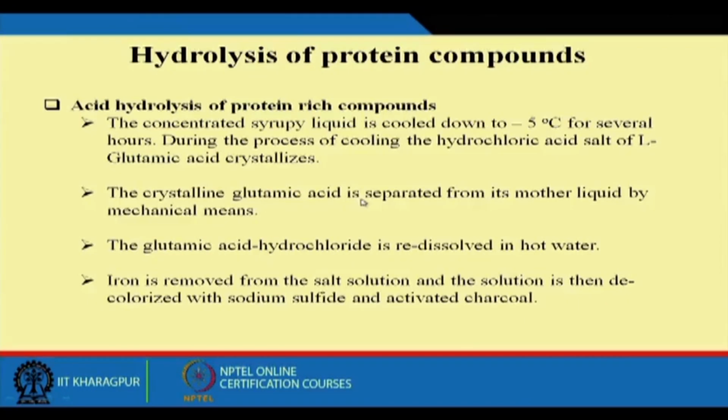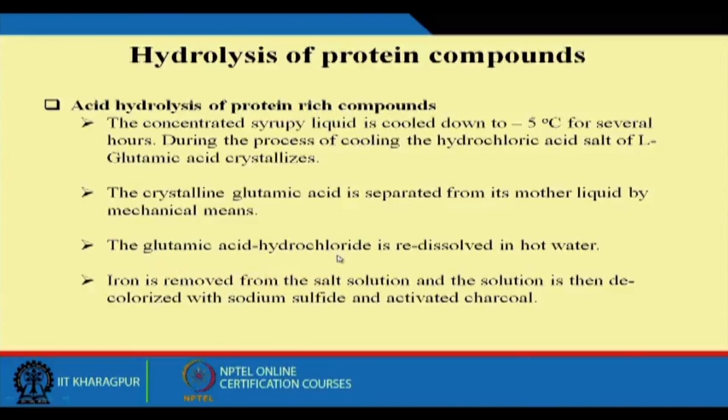The crystal glutamic acid is separated from the mother liquor by mechanical means, by centrifugation or by filtration. This is a physical separation technique we use for the separation of these crystals.